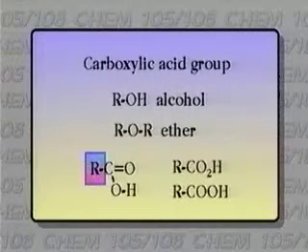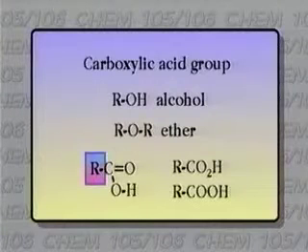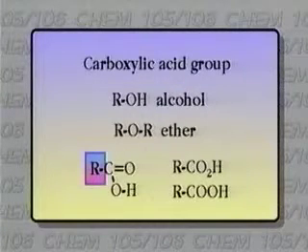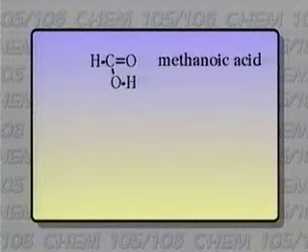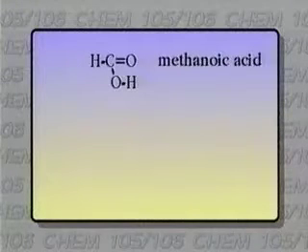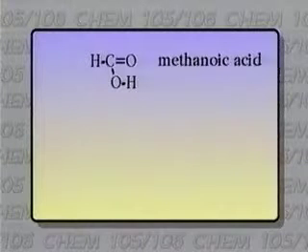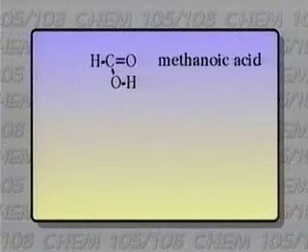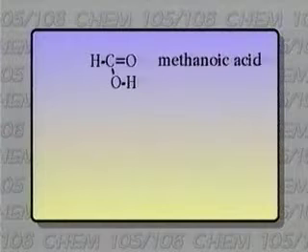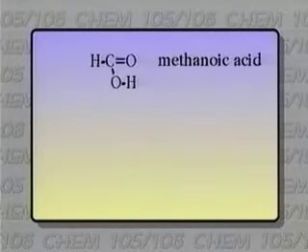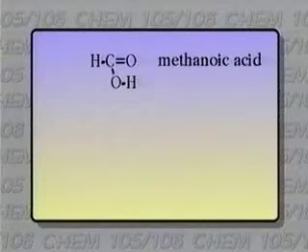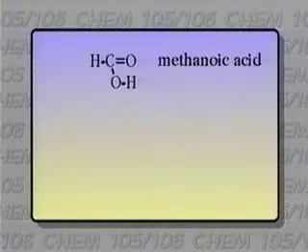The simplest of the carboxylic acids is the one made from methane, one carbon. And notice the naming. It's methane, one carbon, and now we drop the E and we add OIC, and then acid, methanoic acid.